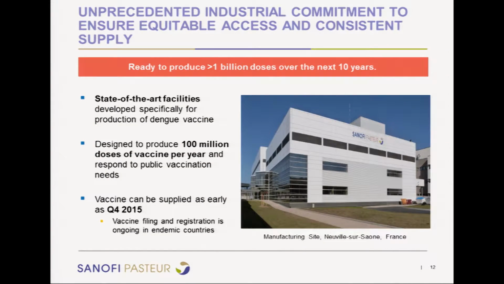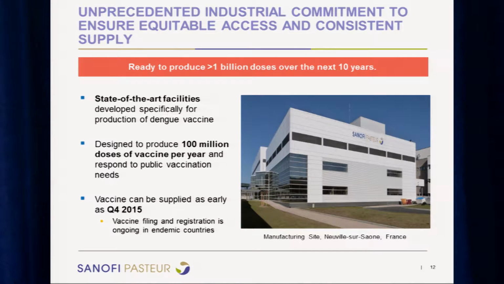We did initiate production of our vaccine candidate in large quantities early on, even before we had the final trial results. This is a state-of-the-art facility which makes the dengue vaccine. It has the capacity of making up to 100 million doses per year.